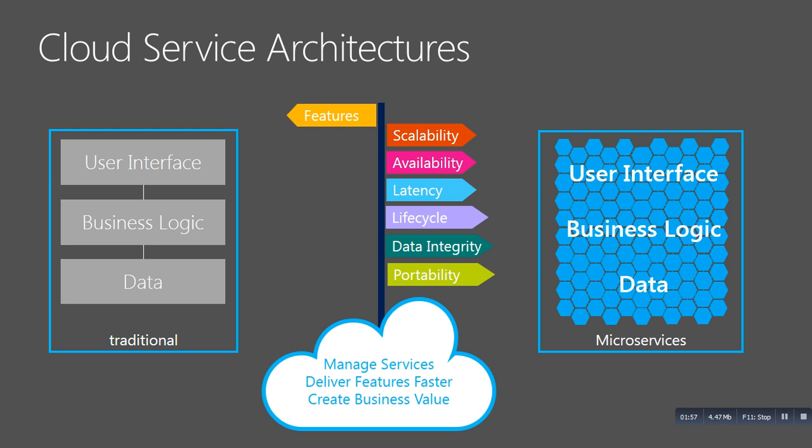On the left side you can see the traditional way, where we have user interface, business logic, and data, and this composed an application. We were deploying the user interface, business logic, and data in different tiers. That's how we were doing it earlier.